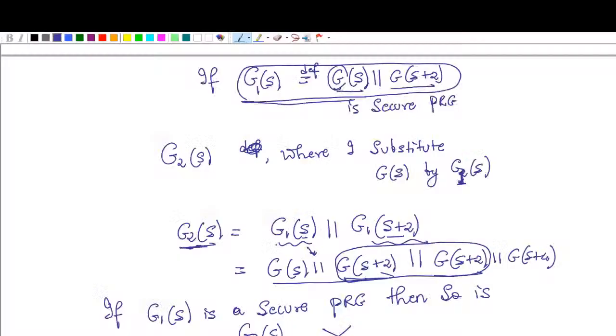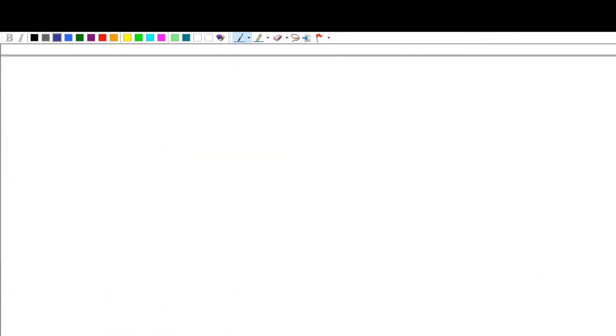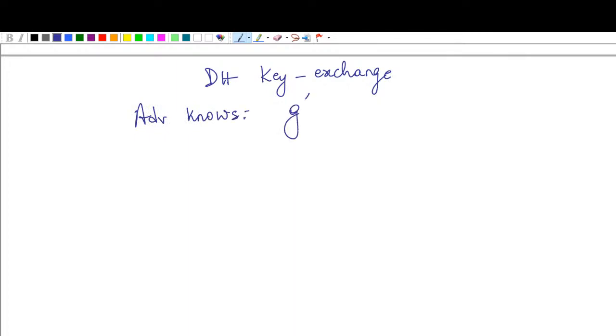We require the DDH assumption to hold because, if you recall the DH key exchange protocol, the adversary knows G power alpha, it knows G power beta, and the final key was G power alpha beta. This was the thing unknown to the attacker.